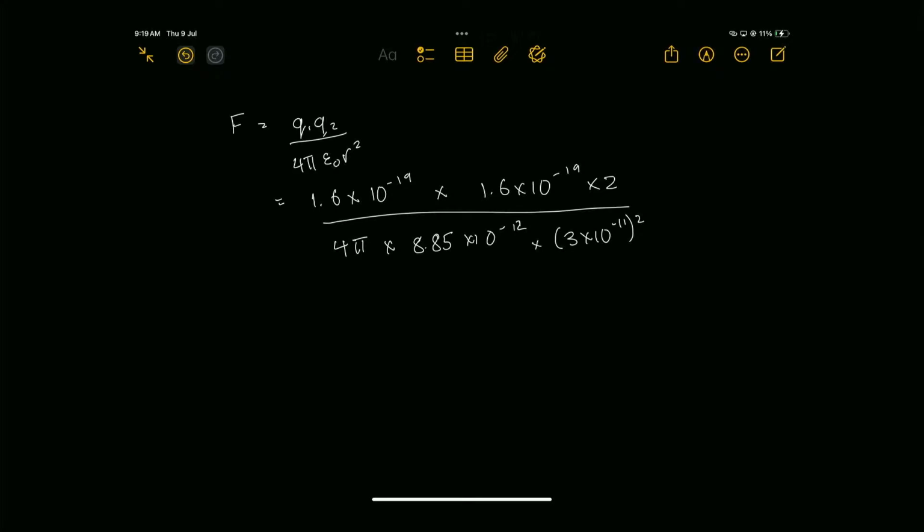And when you substitute this into your calculator, you will get a value. That value would be in newtons, because all of the units are SI units. Now, the question didn't ask, but this would be an attractive force, because the nucleus is positively charged and the electron is negatively charged.